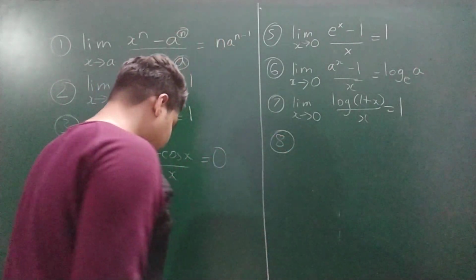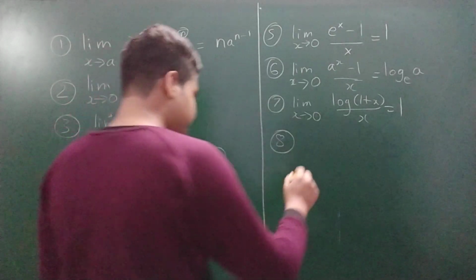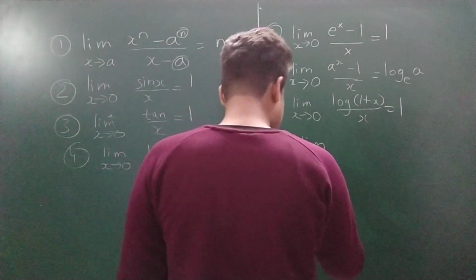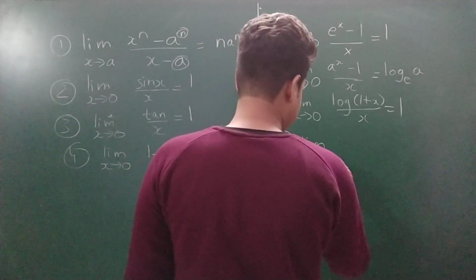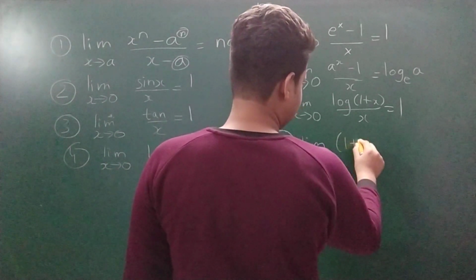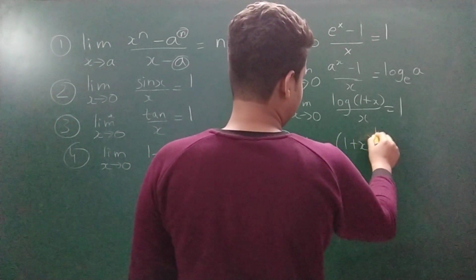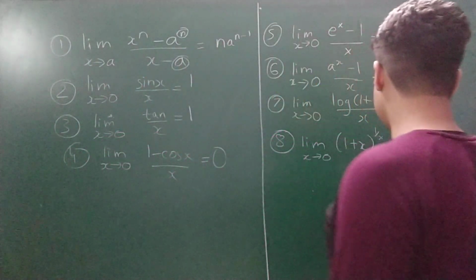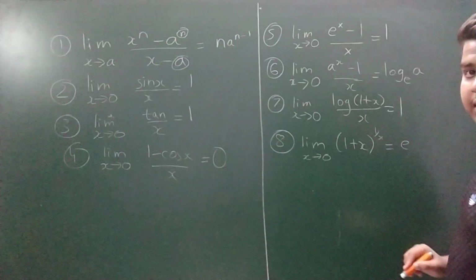Then the eighth formula is limit x tends to 0 of (1 plus x) to the power 1 by x. For this, the answer is e.